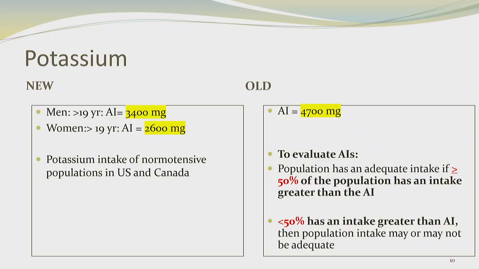And then if less than 50% of the population has an intake greater than the AI, then we interpret the population intake as may or may not be adequate. So this is just a repetition of something we've heard in the past. Please note that the AI values have changed from 4,700, and the new value is 3,400 based on more recent studies that support normal blood pressures.